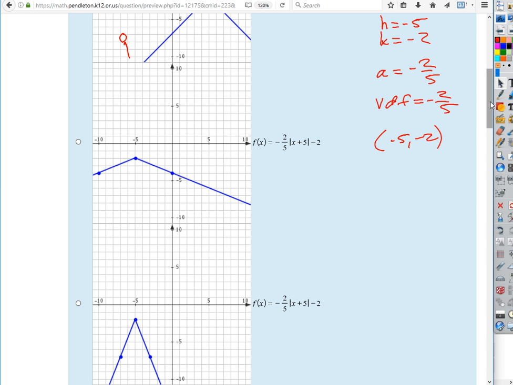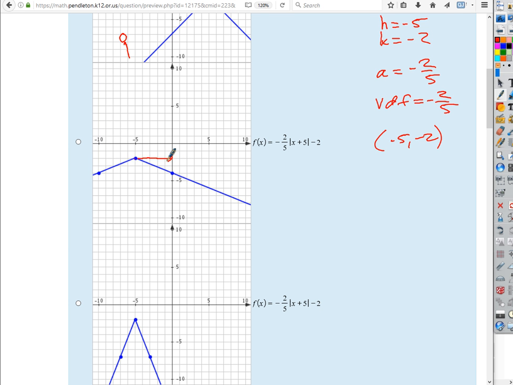Let's think about this in terms of our parent graph. Normally, if we go over by 5, how much would we normally go up? 5. Normally on the parent graph, just a regular absolute value graph, the normal absolute value V goes over 1 and up 1, over 5 and up 5, right?